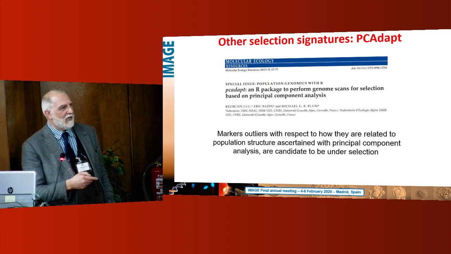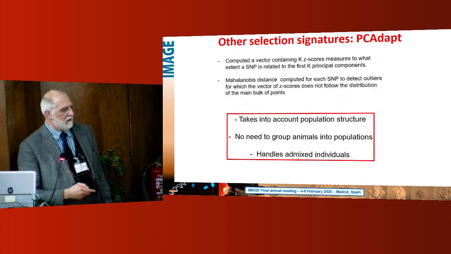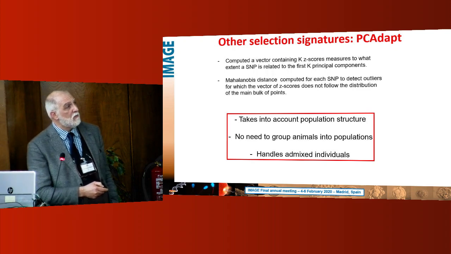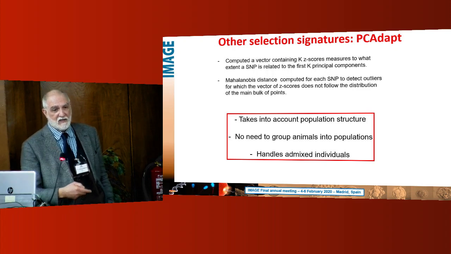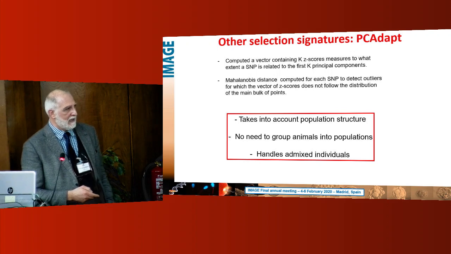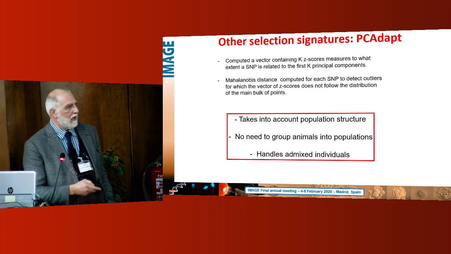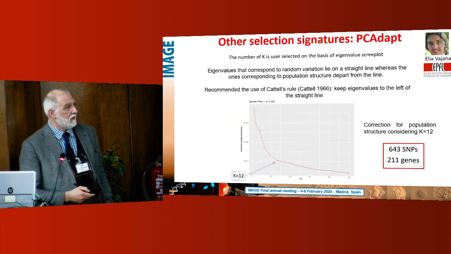So it is an outlier marker within the breeds, basically, that is identified. I don't want to go into much detail here, but it takes into account population structure. There is no need to group animals into populations. So it uses the clusters found in the principal component analysis to then find outliers. And in this way, it also handles admixed individuals.